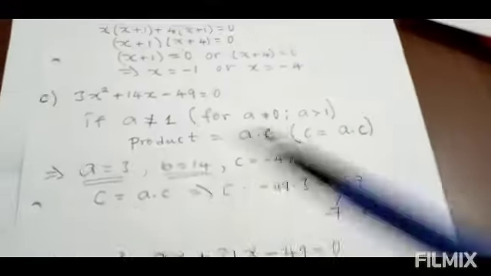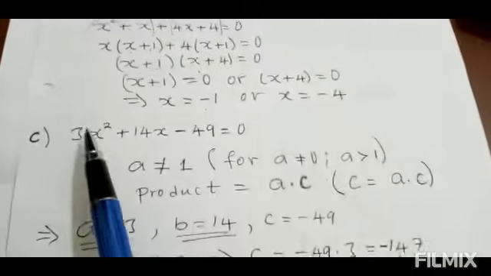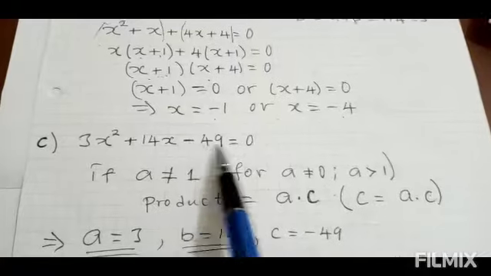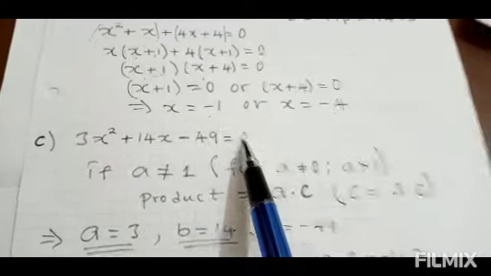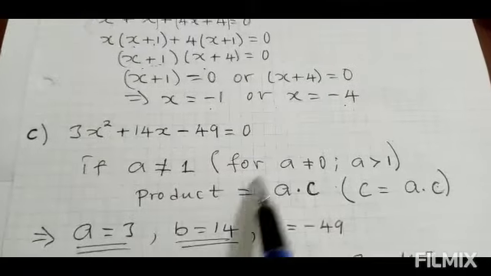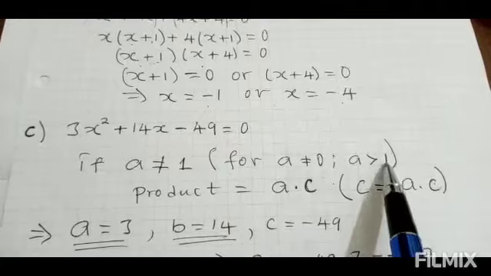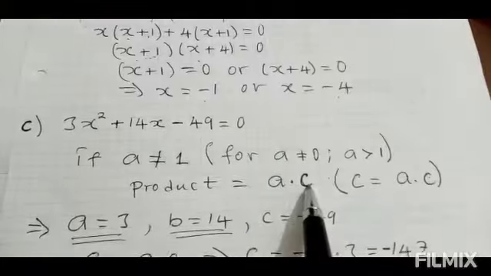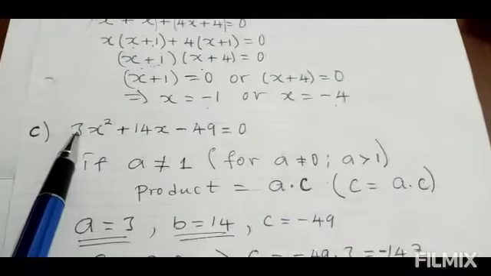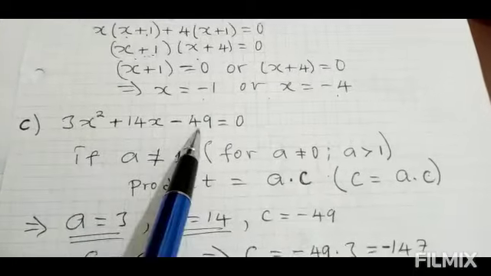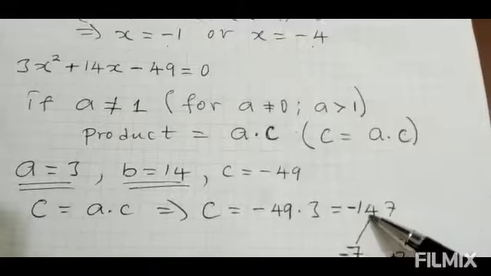Now see, this one is a bit different: 3x squared plus 14x minus 49 is equal to 0. If a is not equal to 1, for a greater than 1, the product is a times c, which is 3 times minus 49, giving minus 147.